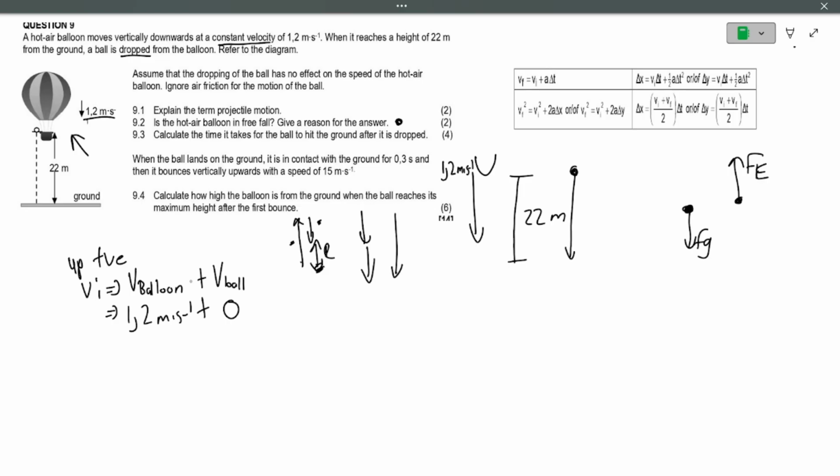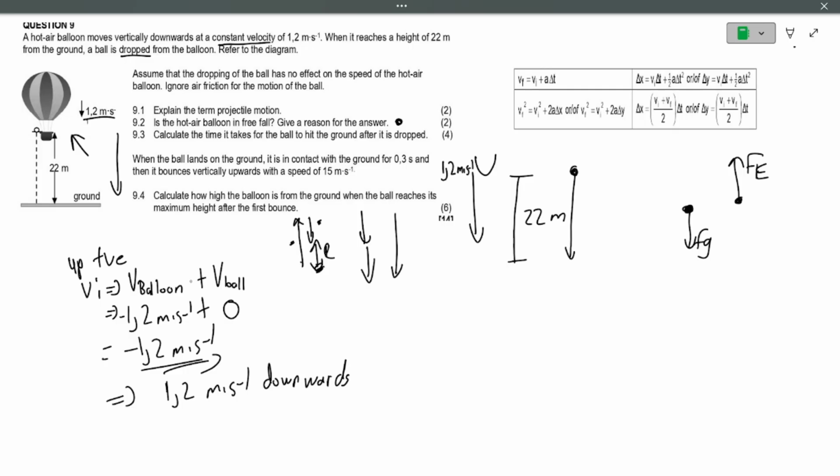If up is positive, down is negative, because now the balloon is going down. So it's going to be negative, and the initial velocity is going to be 1.2 meters per second, with the minus meaning downwards.